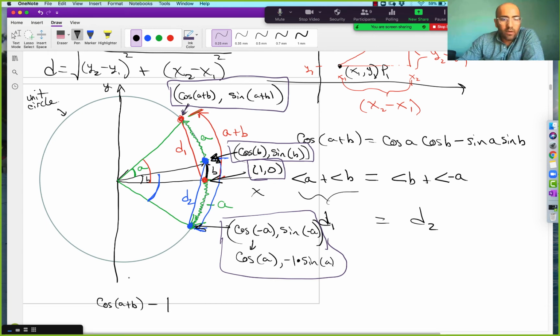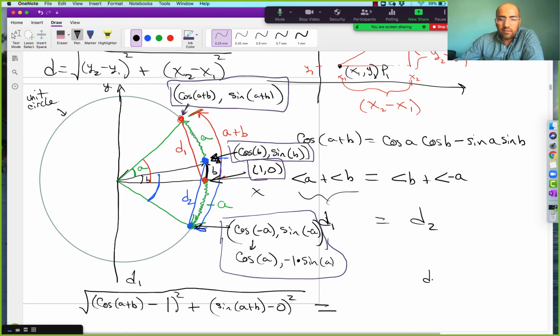Looking at d1, it's going to be this x coordinate minus this x coordinate, parentheses squared, plus the difference of the y coordinates, which is this one minus this one. So it'll be sine of a plus b minus 0, parentheses squared, and then that whole thing gets square rooted, right? And that must be equal to d sub 2.